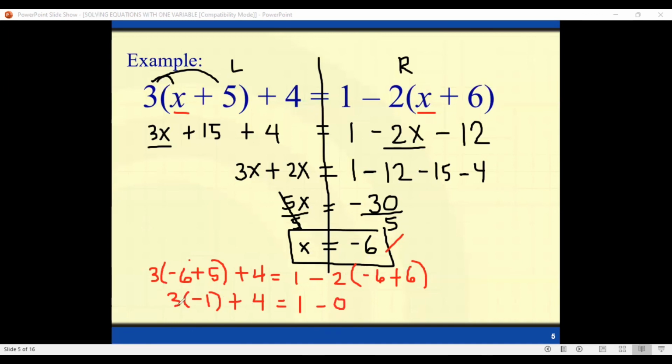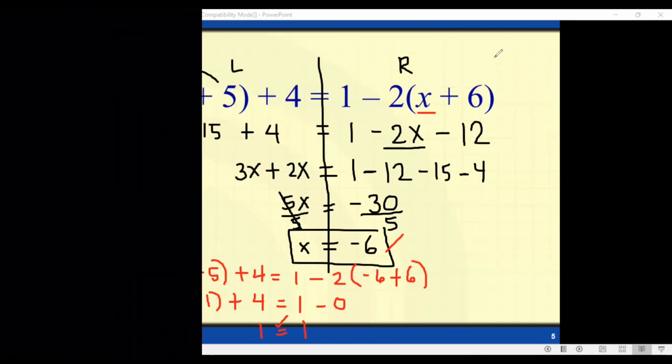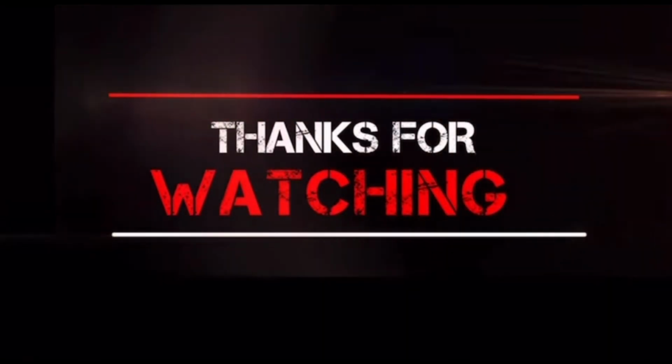So we have now a negative 3 plus 4. Negative 3 plus 4 is, of course, equivalent to 1. Okay, so we have here an answer which is 1. And the other side, we have here 1 minus 0 is, of course, equal to 1 also. So that is how you could solve for equations or linear equations involving one variable.